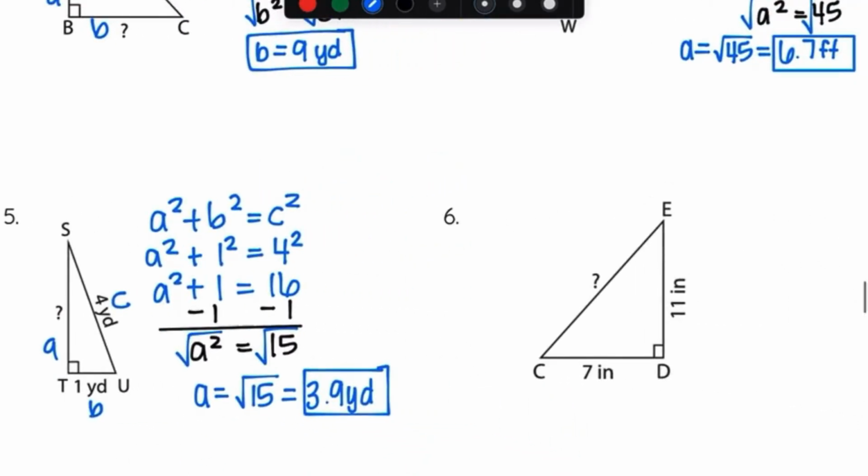Last one on this type of problem. The number one mistake I saw when we were doing our initial practice problems is that we would look for that biggest value and see, oh, hey, 11 is our largest value.